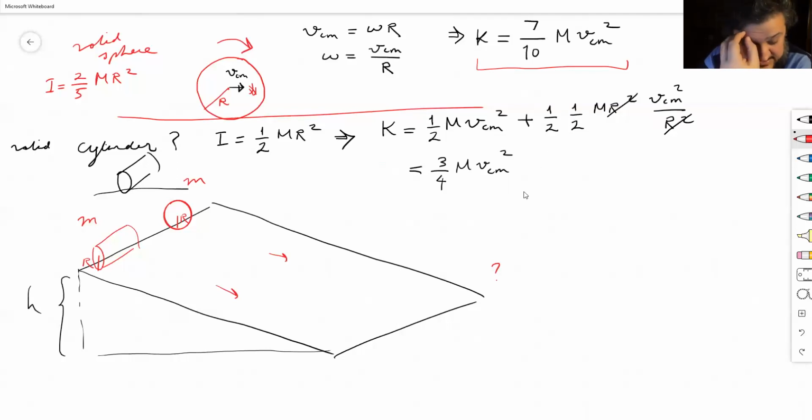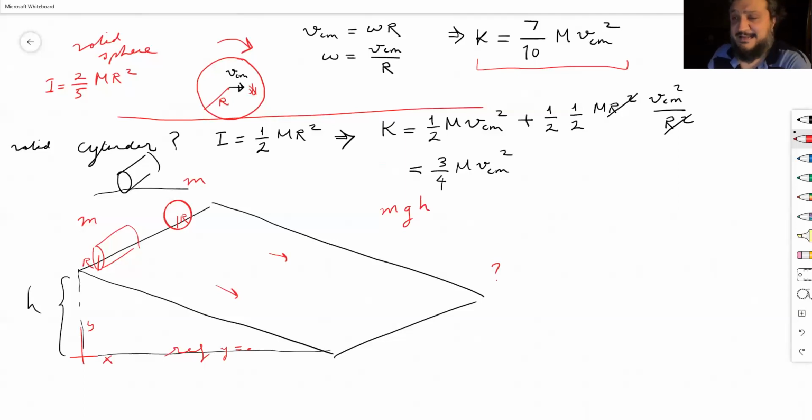So their initial energies are the same, which is just potential energy, m g h, for both objects. Initial velocity is 0, so it's only potential energy if you consider this level to be your reference, y equals 0. But when the objects reach the bottom, the potential energy will be 0.